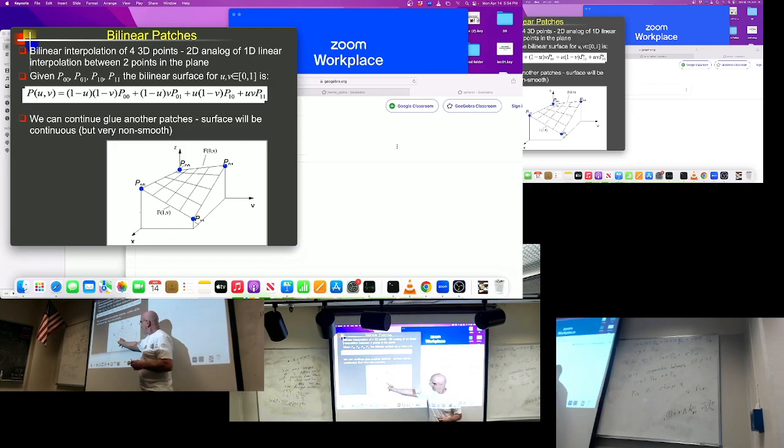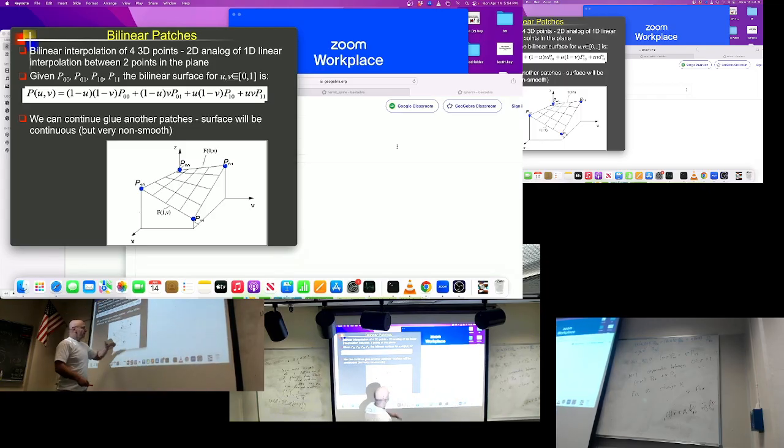You create a line segment. No matter what v is, you created a line segment. I think that it's cool. Similarly, fix v and change u, you're getting a line segment.